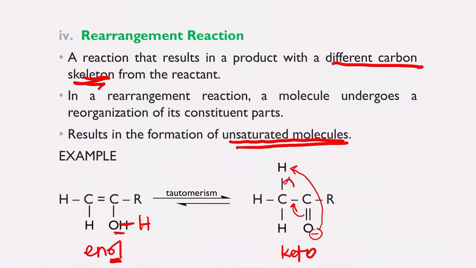So ini akan masuk sini. Sorry, saya tersalah. It basically looks like this. This one will capture hydrogen. This will go here, and this will go here, masuk balik. Okay, so that's how you get this one.